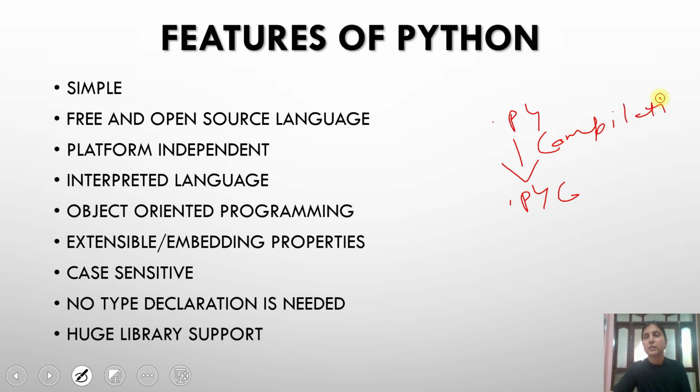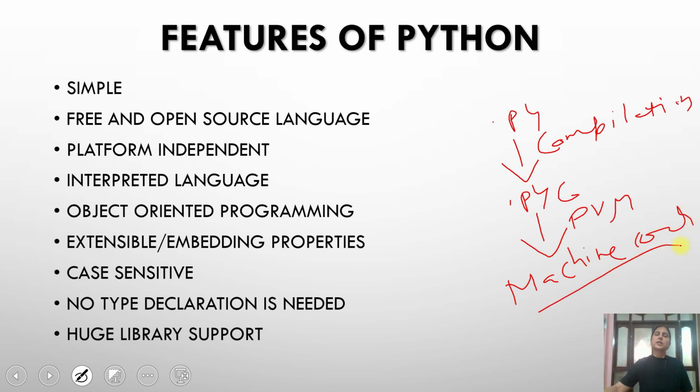So after compilation we get bytecode, and then bytecode passes through PVM, Python virtual machine, and then we get machine code or output. So same way it works as in Java.